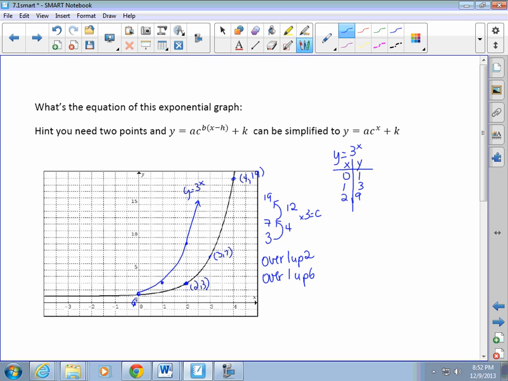So in that case, we went over 1 from our original and then up 2, because we started at 1 and we went to 2. And then we went over 1 and up here to 9. So if this was at 1, 3, and this one was at 2, 9, that's where that comes from. So starting from this point here, which was at 0, 1, we went over 1 up 2, over 1 up 6 to get to that 9.